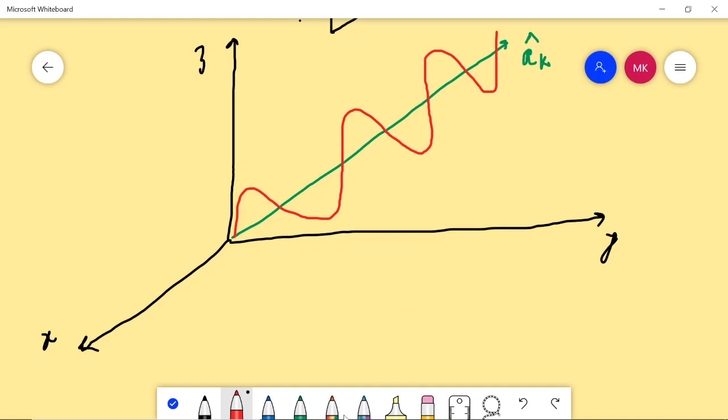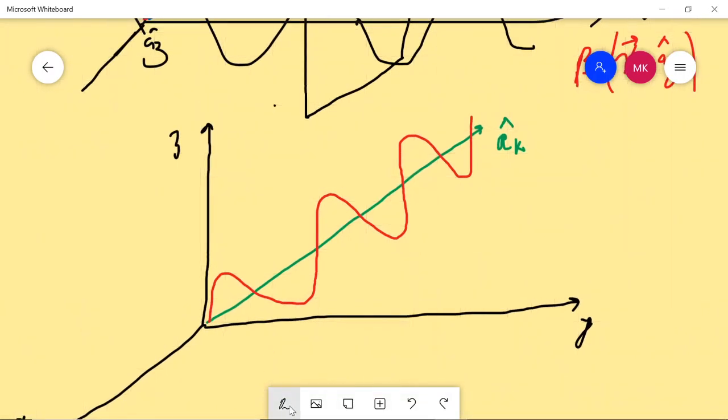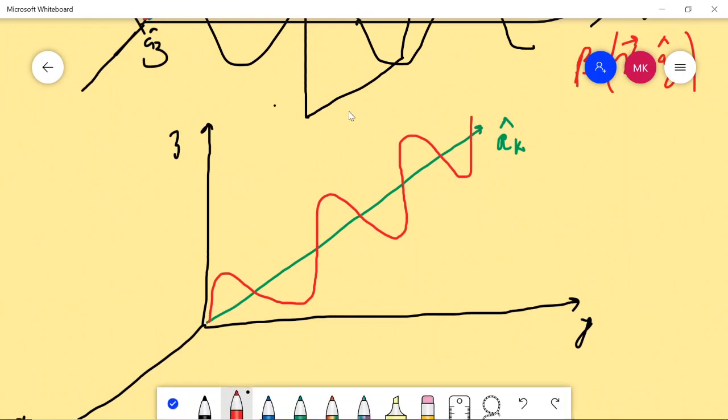Now again the wavefront for this case will be, for example, here you have the wavefront.